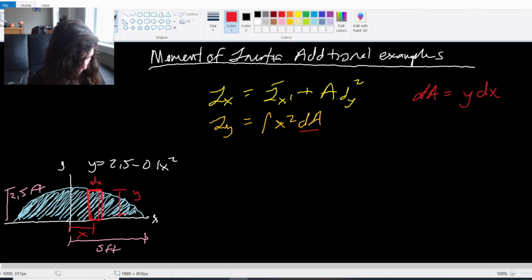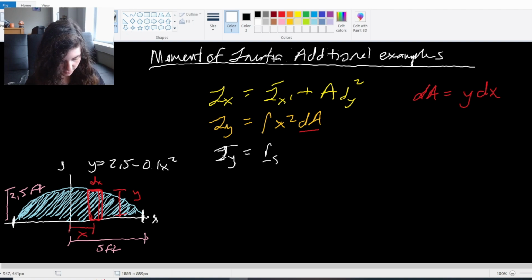So we can insert that in here. Let's go ahead and do our Iy first, since that's the simpler one. My moment of inertia about the y-axis is going to be the integral across this whole distance, from the left all the way to the right side, from -5 to 5, of x squared y dx.